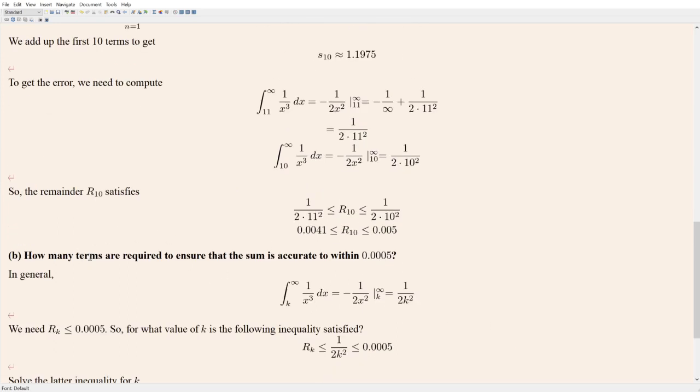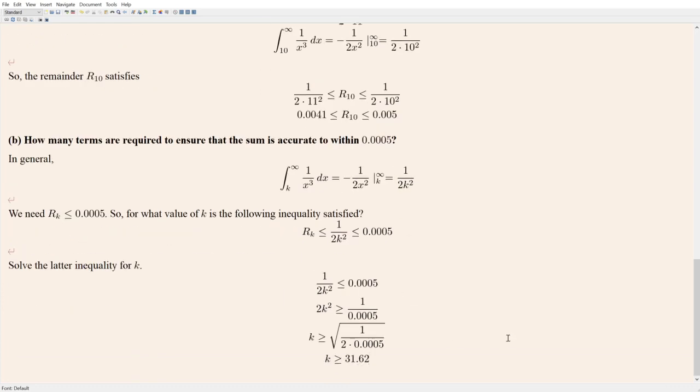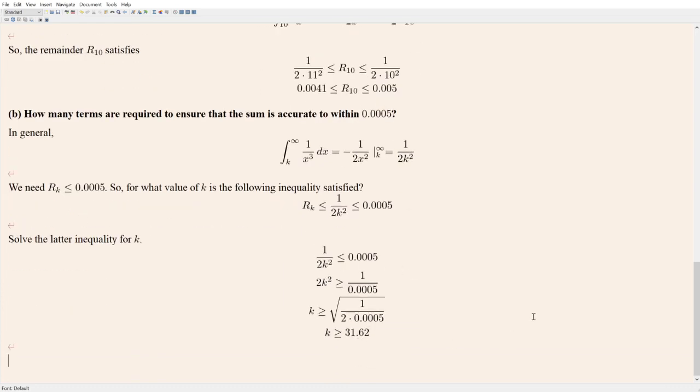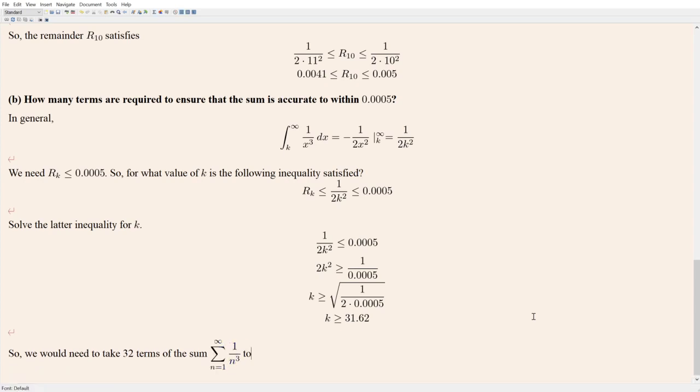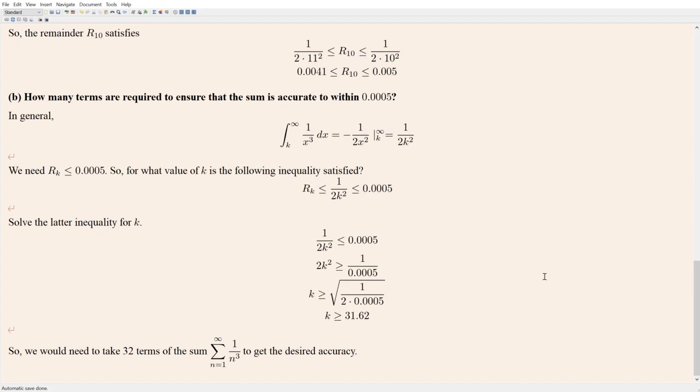Because k represents the number of terms, let's just go ahead and round this up to the nearest integer, so 32. So we would need to take 32 terms to get the desired accuracy.